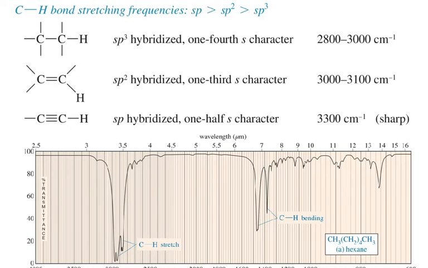All your sp3 hybridized CH are going to go just below 3000. 3000 is our differentiating mark, and usually that doesn't matter because practically every compound has those. But the sp2 hybridized CH, just above 3000, can be useful, because that's how we can know we probably have a double bond between two carbons with an H bonded to it, so it's not fully substituted.